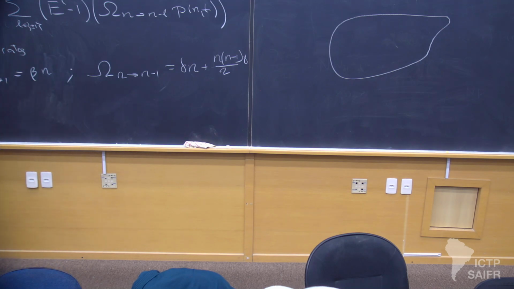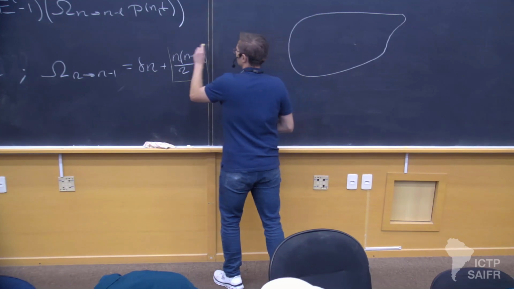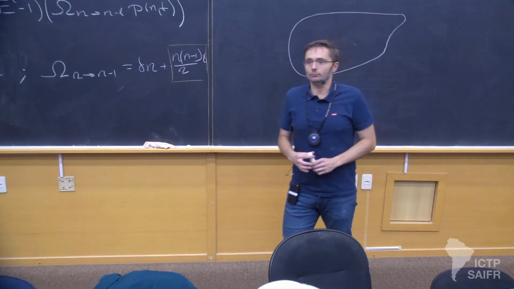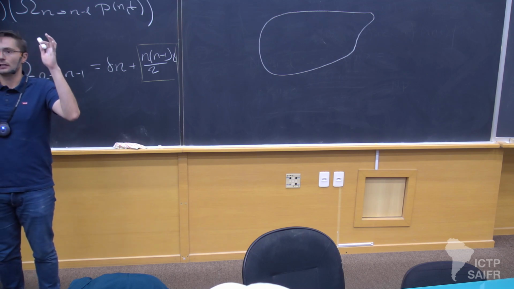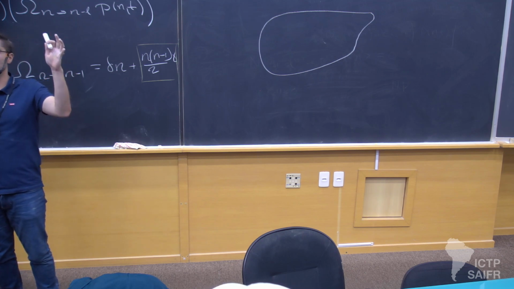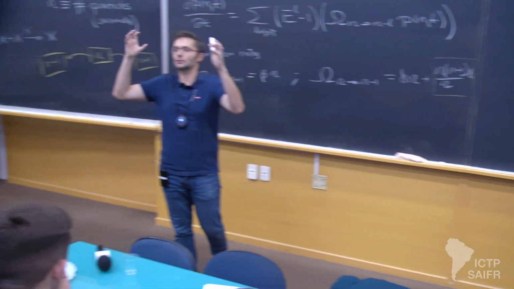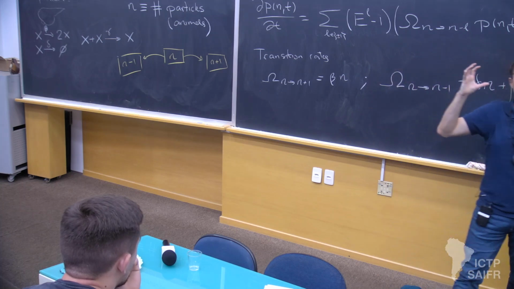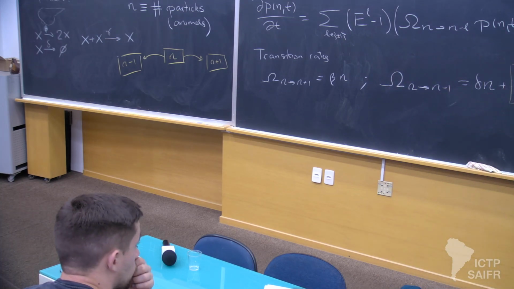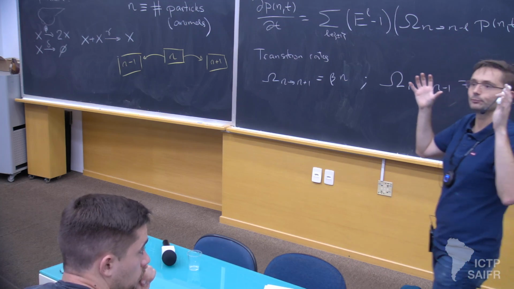The way we are now defining this rate here, we are thinking that we have particles, we have animals, let's say in a volume, our island, and they need to encounter each other, right? So in principle, if I have the same number of particles in a smaller volume, these encounters need to happen more often, right?